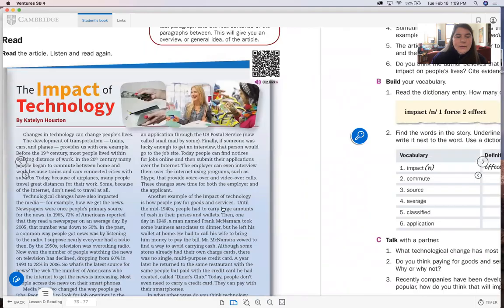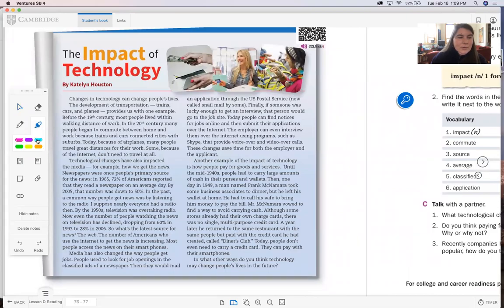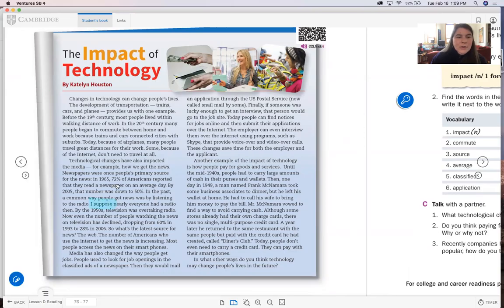So right here, it says, I suppose nearly everyone had a radio then. So the words I suppose mean I think, or it's my opinion, but it's not a fact, okay? You're just making a good guess.